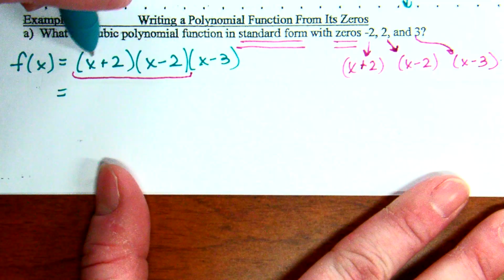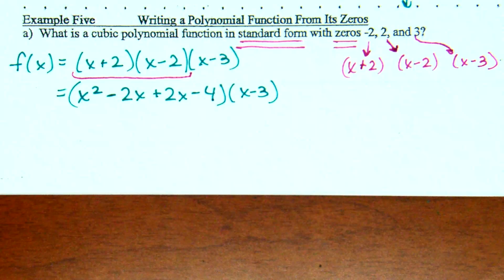So, FOIL: x times x, x squared. x times minus 2, minus 2x. Now I'm going to distribute my 2. 2 times x, plus 2x. 2 times negative 2, minus 4. My recommendation, keep carrying down the x minus 3 every step of the way so you don't forget about it.